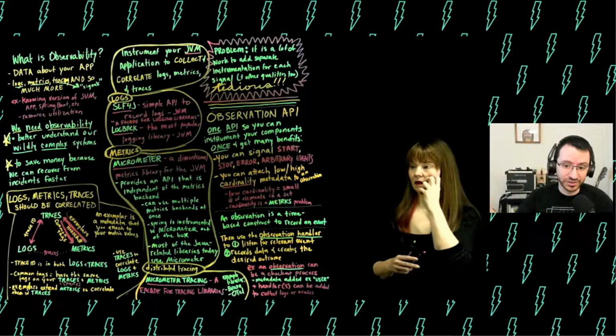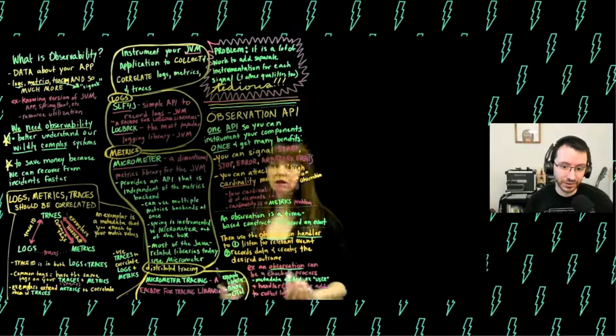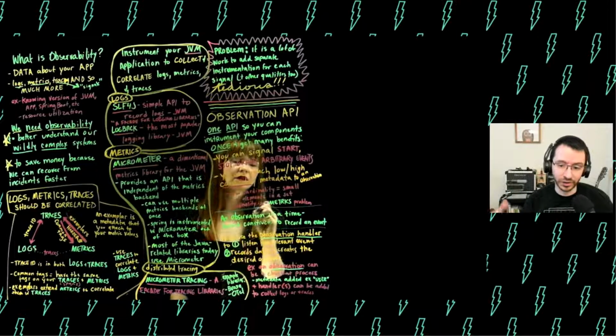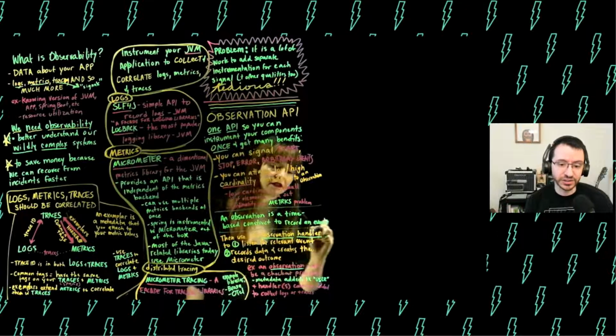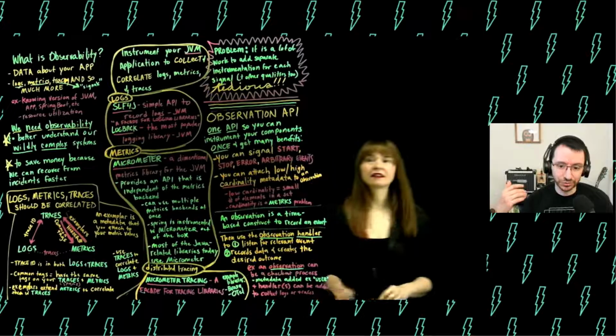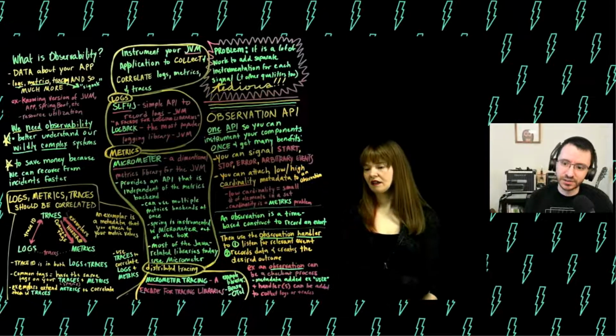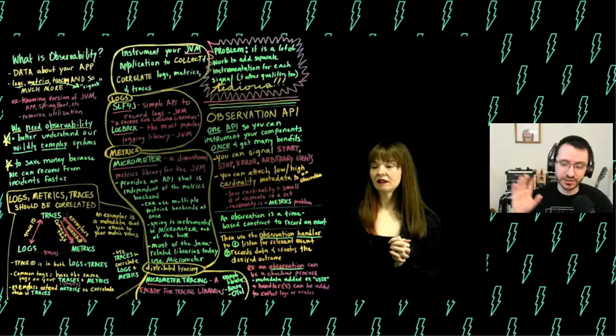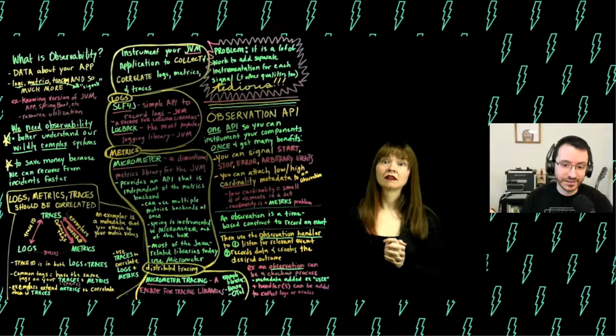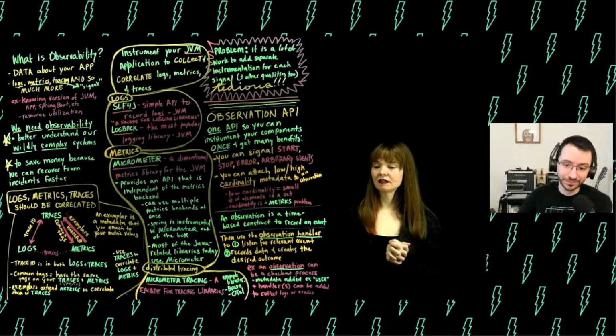if you want to add another signal or another output, you don't need to re-instrument things. You don't need to modify the code. And this is extremely useful if you have, for example, third-party components. Let's say you are using an HTTP client that you cannot touch because it's an open source library somewhere.